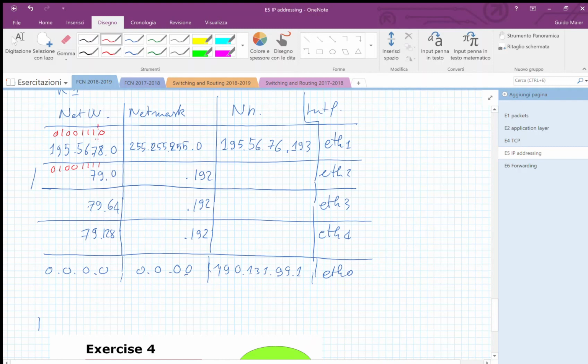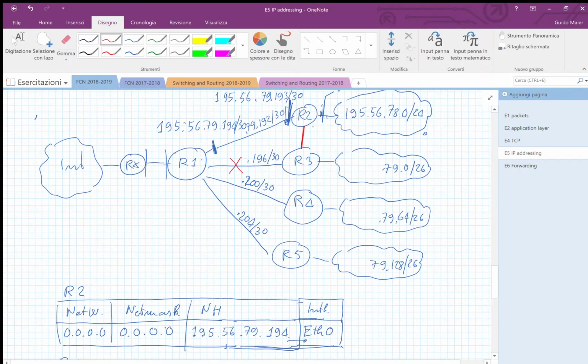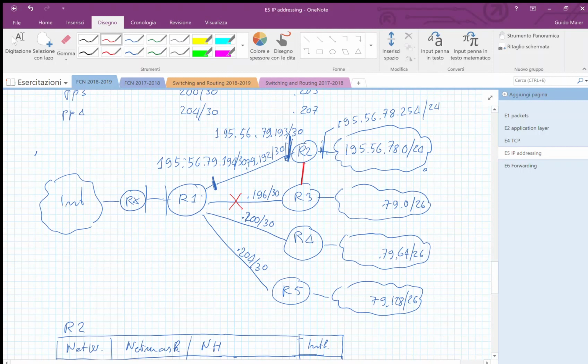So in this case, you see that they have in common up to the second to last bit. And when there is this connection between R2 and R3, when R1 receives a packet that is going to subnetwork A, or it is going to subnetwork B, in any case, the next hop is always R2. Okay.